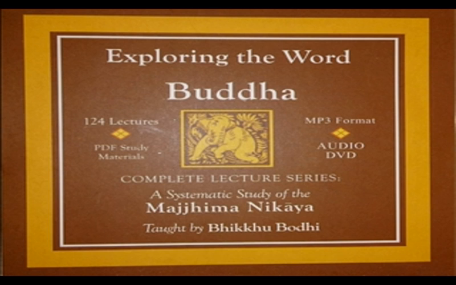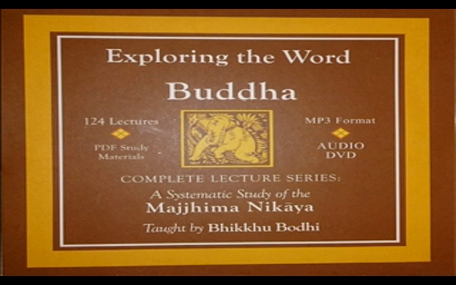These fetters are abandoned through wise attention, and what one attends to wisely is the four Noble Truths. This wise attention to the four Noble Truths corresponds, and this is an important point, to the samadhi factor of the Noble Eightfold Path.